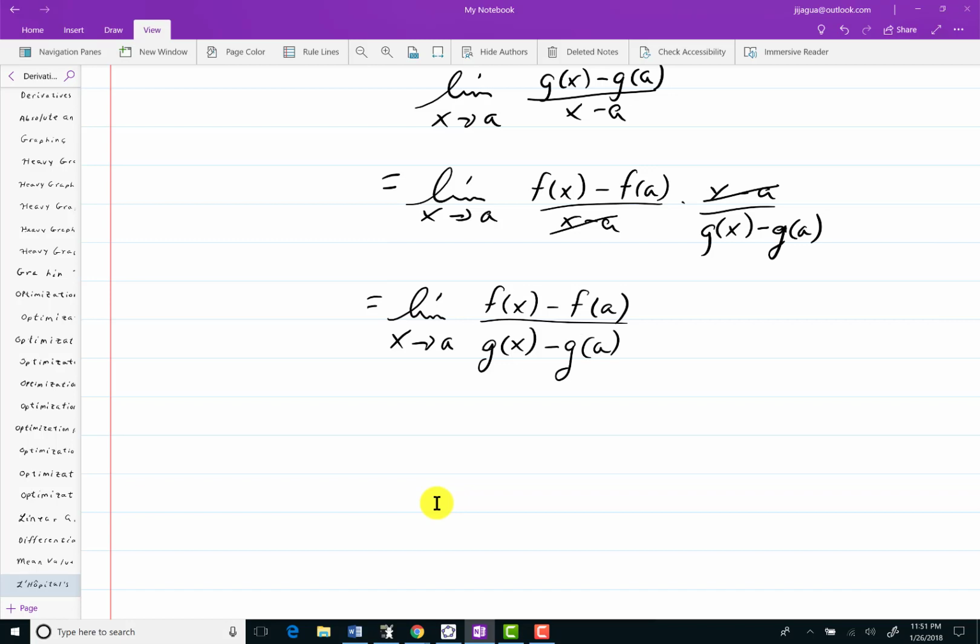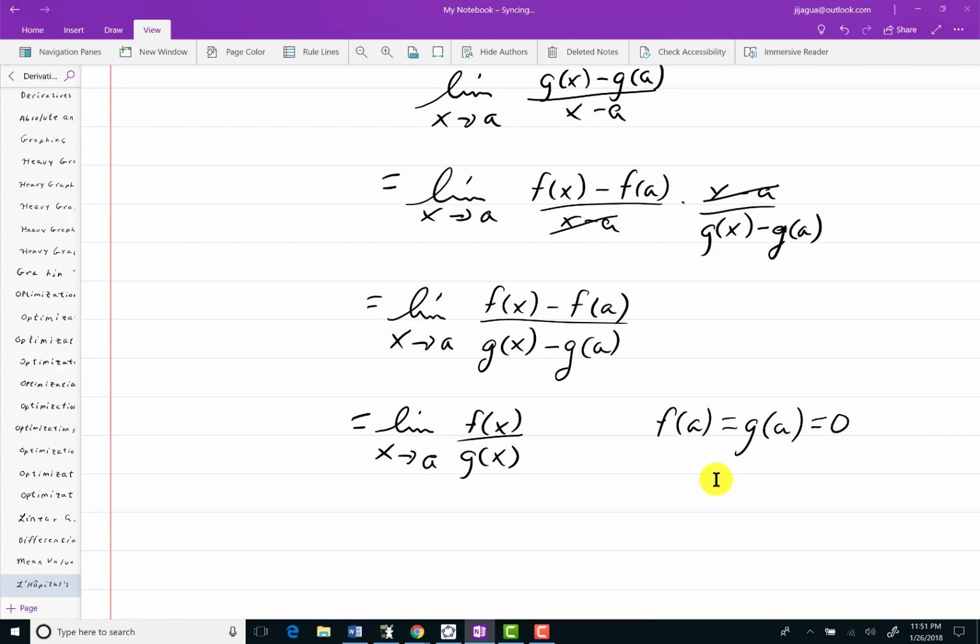And finally, if I make the assumption that f of a and g of a are both 0, then this equals the limit as x goes to a of f of x over g of x. And this is making the assumption that f of a equals g of a equals 0.